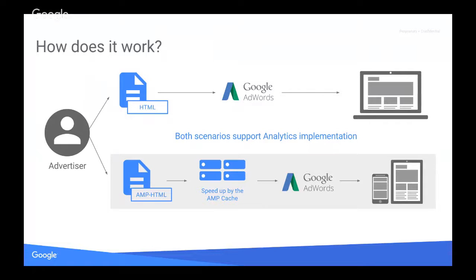So if you look through the documentation, you'll see if they have support for that. If not, or if you want to create your own AMP HTML by yourself and customize a lot of things, you can also do that. Yes, and then all of this AMP HTML will have the same benefits that we saw before. It will be sped up by the AMP cache, delivered through Google to your users.